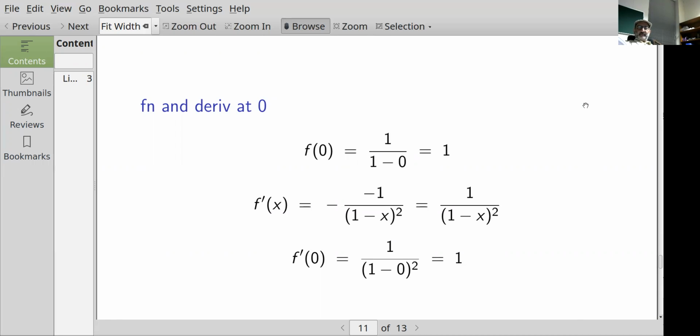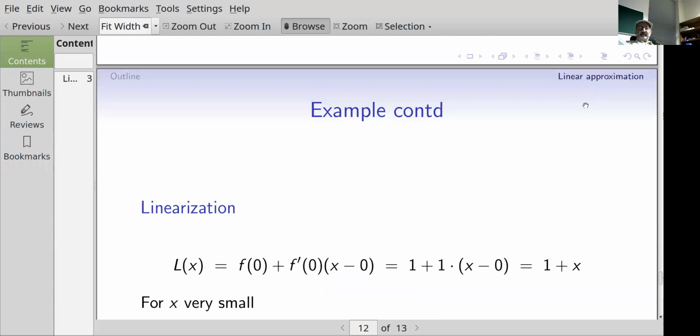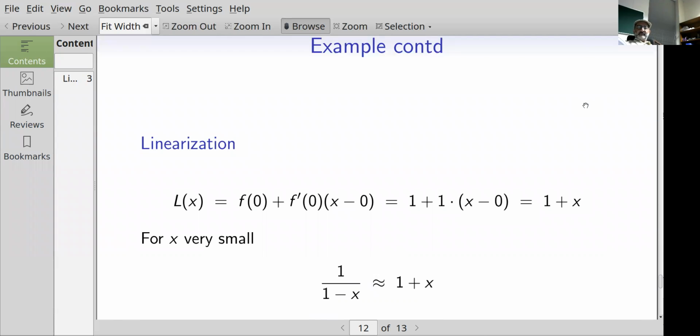Now, if we take that derivative and evaluate it at 0, we will get 1 over 1 minus 0 squared, which is equal to 1. And then the linearization at 0 is given as f of 0 plus the derivative at 0 times x minus 0. That's 1 plus 1 times x minus 0, which simplifies to 1 plus x. So for very small x, 1 over 1 minus x is approximately equal to 1 plus x.